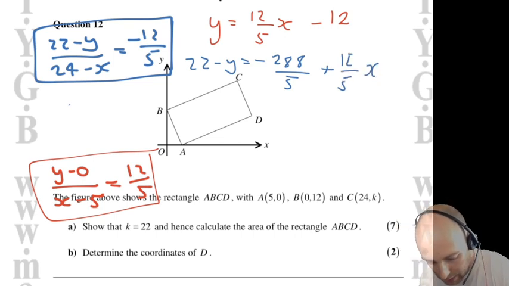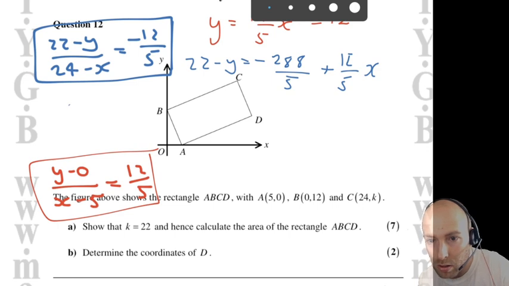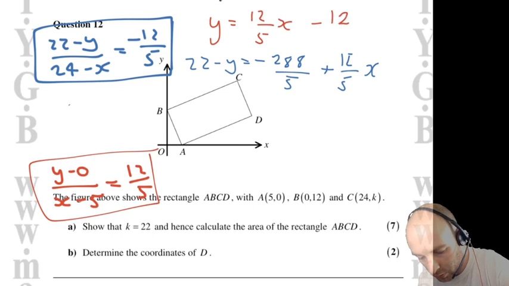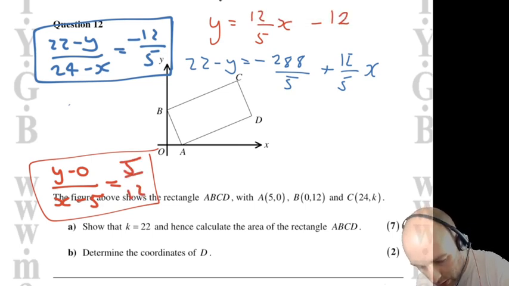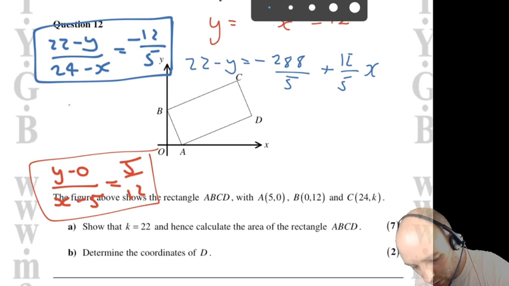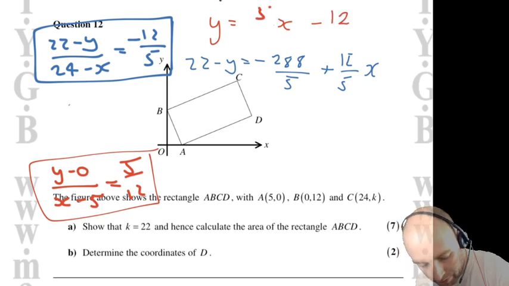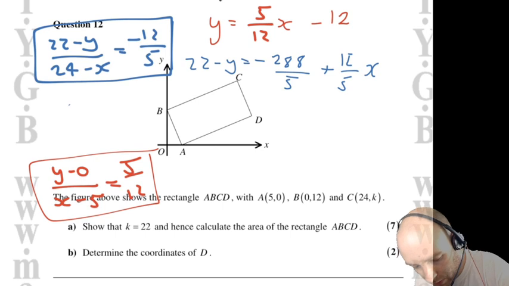So we put all those together, we can find x. Oh yeah, well spotted. That should be 5 over 12. God, awful today. And that should actually be 25.